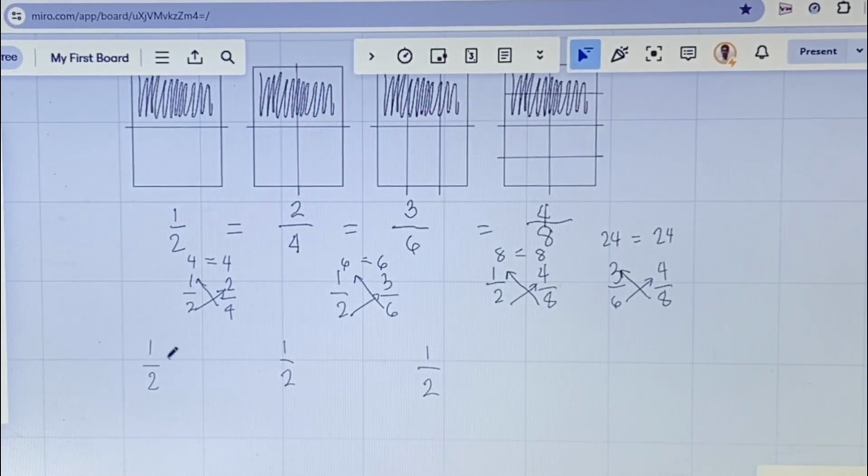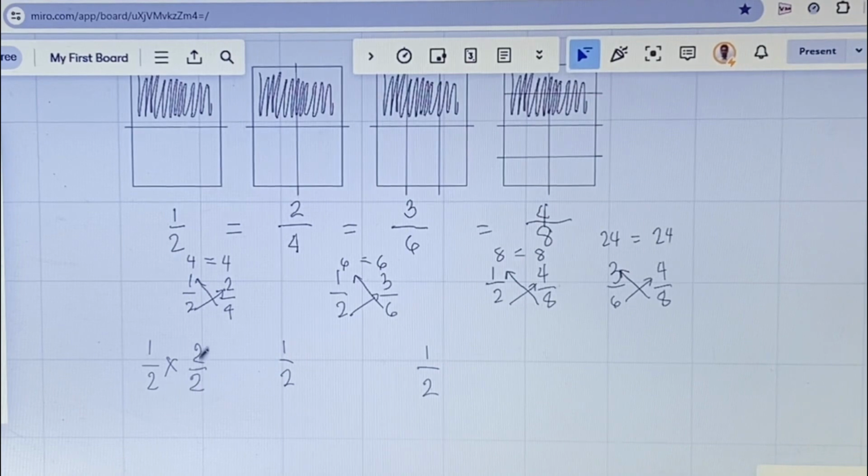Let's say we chose 2, but it should be 2/2. Why 2/2? Because 2/2 is 1. 1/2 times 1 doesn't change the value of 1/2, right? So it's still 1/2. But instead of 1, we have 2/2, because we want to find an equivalent fraction.